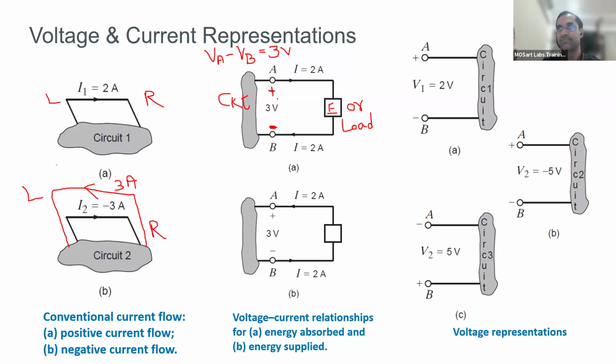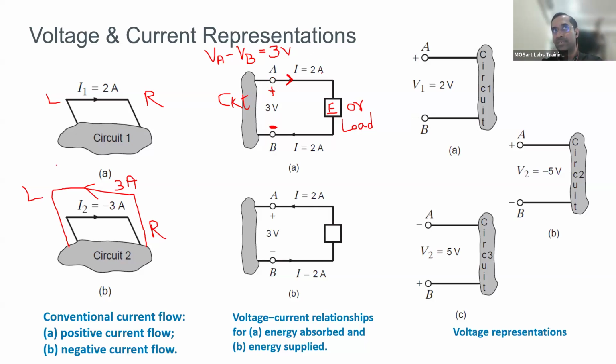Remember this convention. And why should we do VA minus VB? Because A is plus and B is minus. So A is the higher terminal and B is the lower terminal. So higher terminal minus lower terminal is 3 volts. Okay, this is the convention. Now from A, I show a current that is going out of A with a positive quantity.